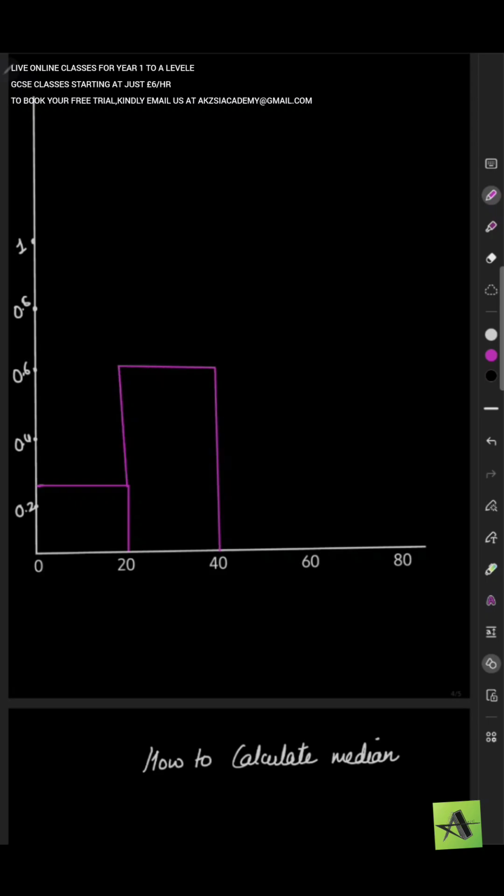It's obviously not a perfect rectangle, so I may try to redraw it. The next one is from 40 to 60, 0.8. So 0.8 would be here, and it should be overlapping, like this.